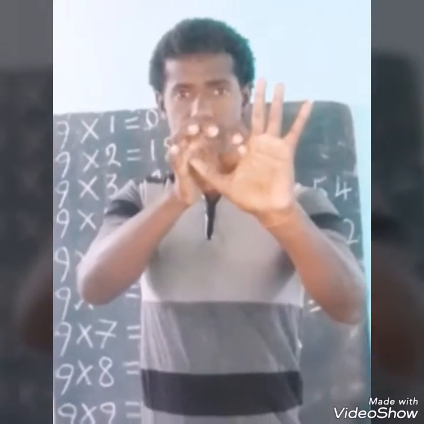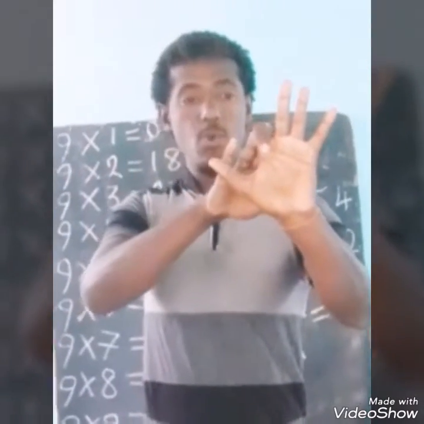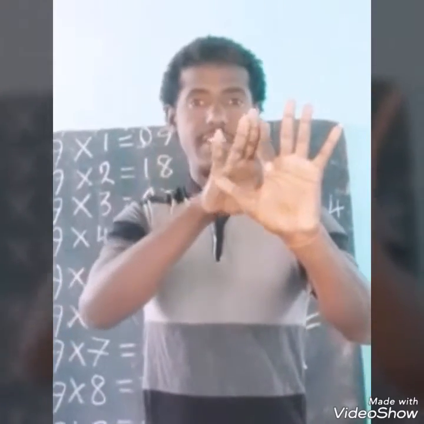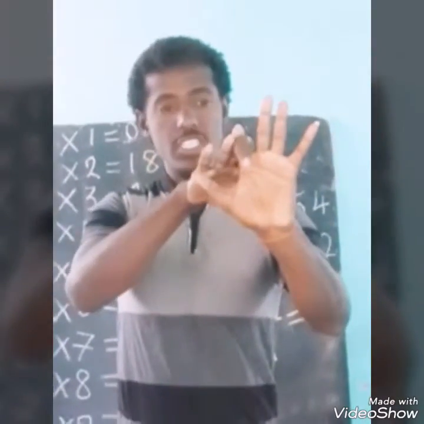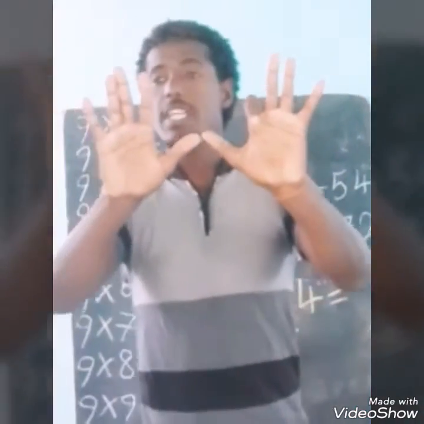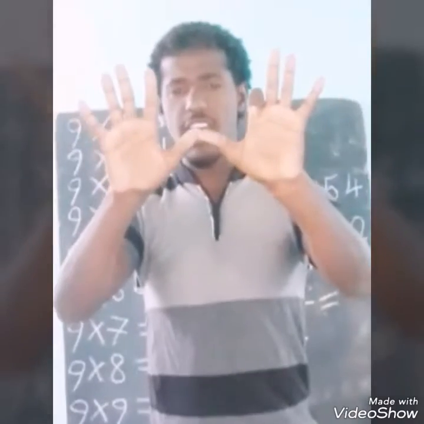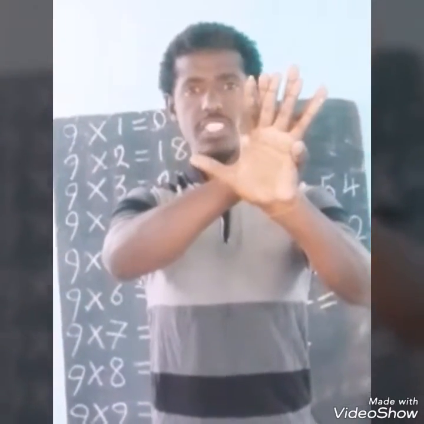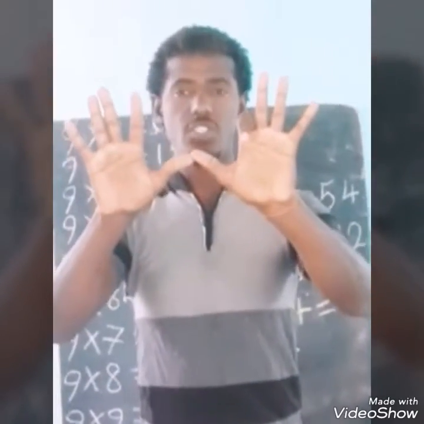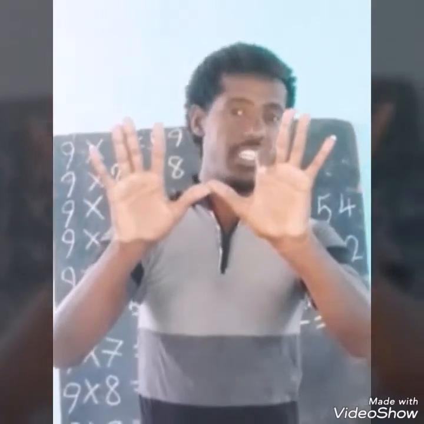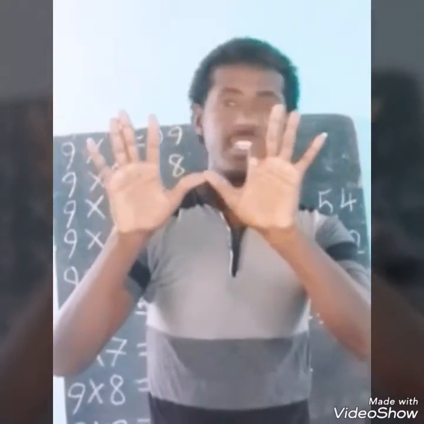I am going to fold it like this, and I am going to consider it as a gap or nothing here. So now on this side I have 3, and on this side I have 6. So 9 times 4, 36.